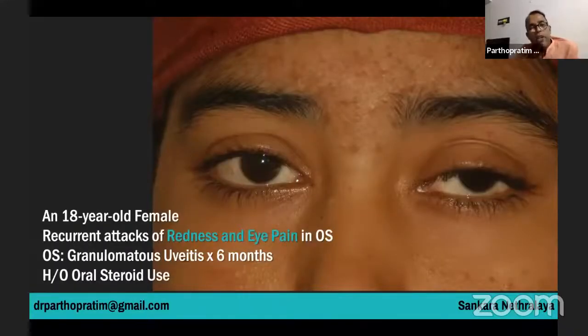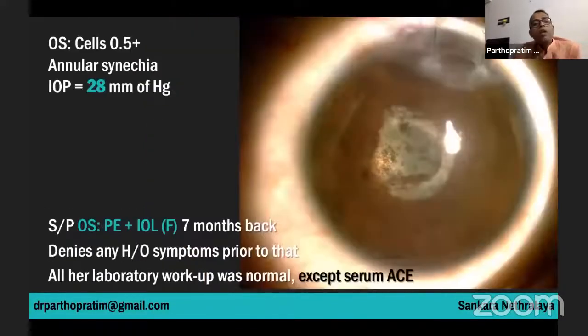Here is another patient, an 18-year-old female, with recurrent attacks of redness and eye pain in the left eye, presented with a diagnosis of granulomatous uveitis for 6 months. There was extensive oral steroid use, as you can see from her skin lesions here. This is the slit lamp photograph of the patient.